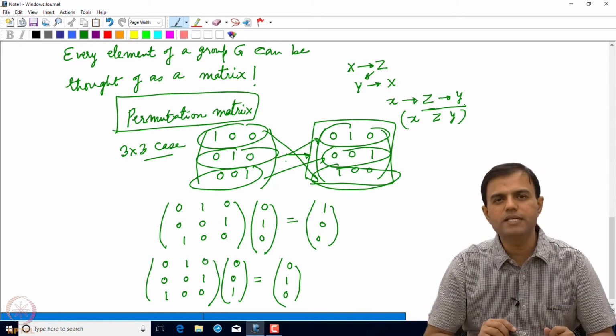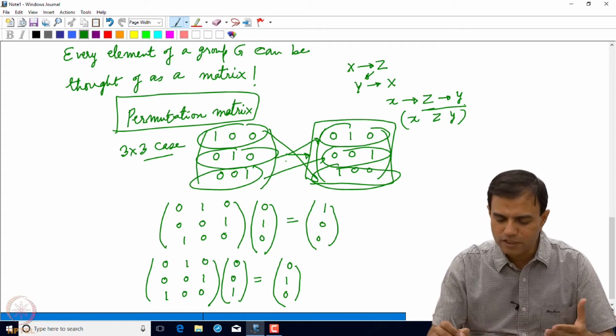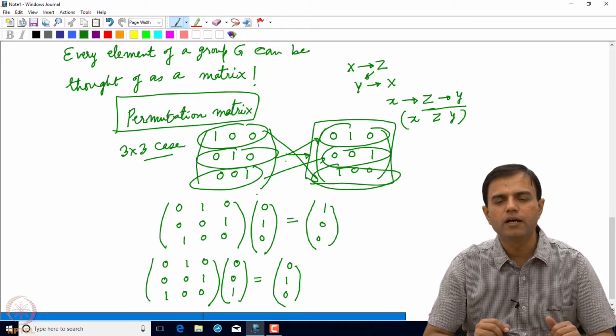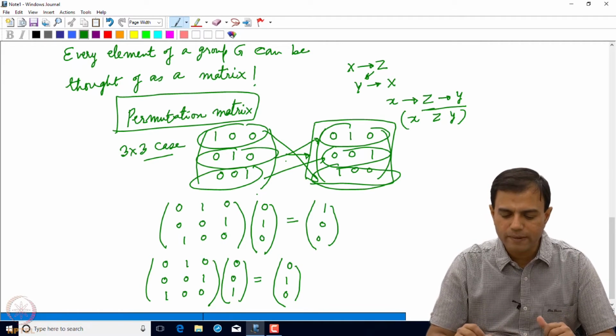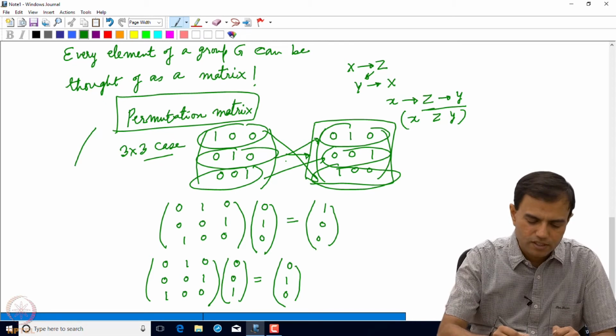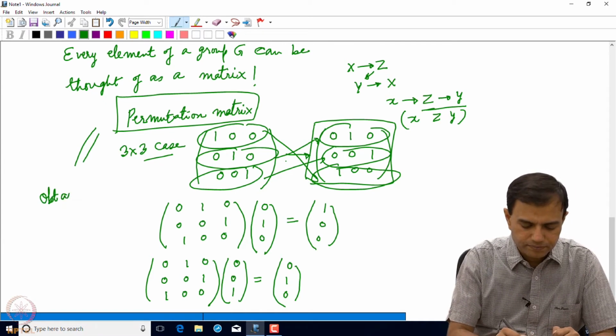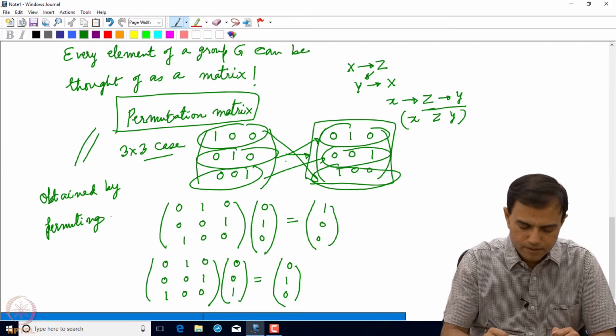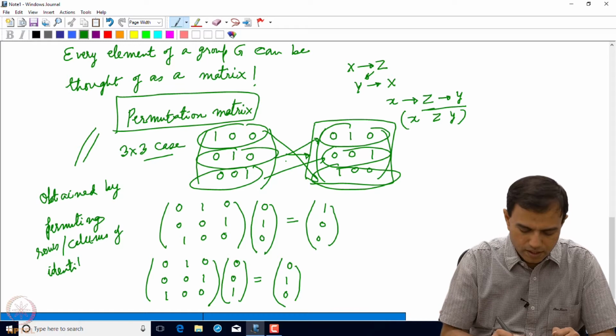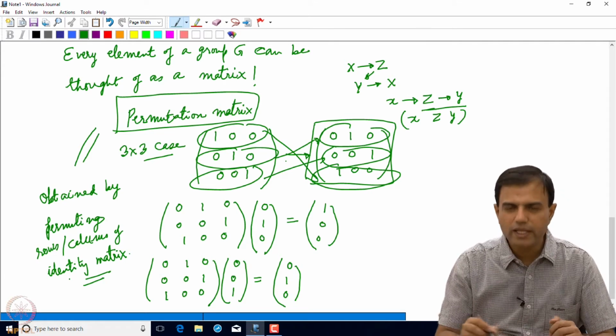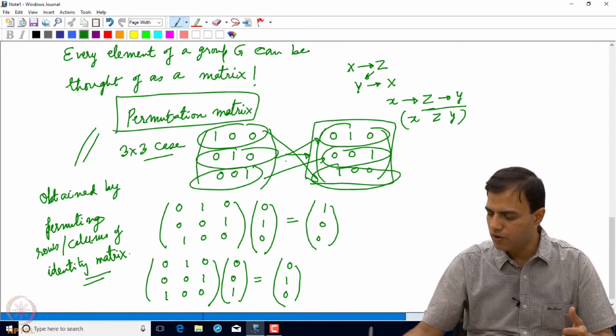Such matrices, obtained after permuting rows or columns of the identity matrix, are called permutation matrices. So you can apply a given permutation on rows or columns.